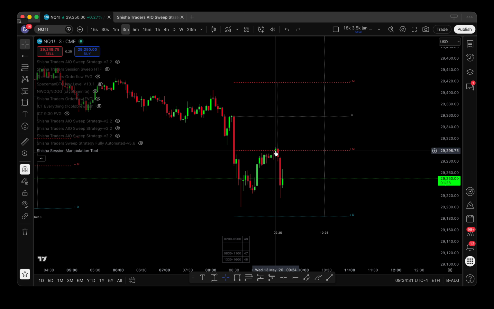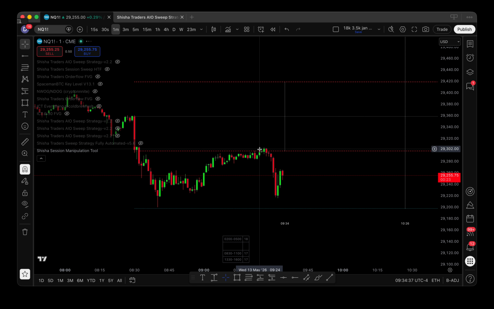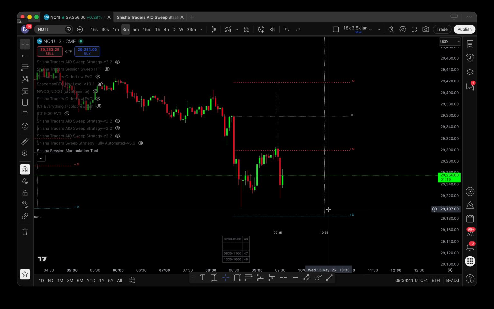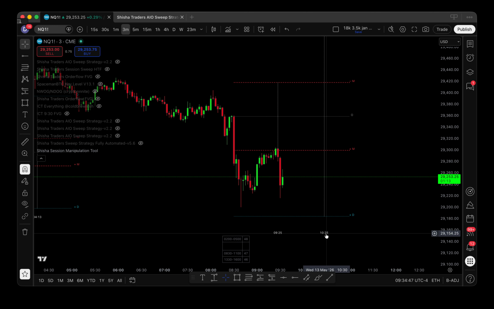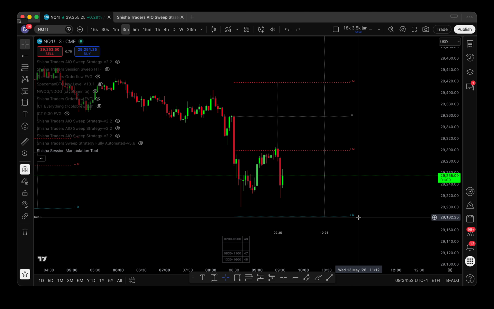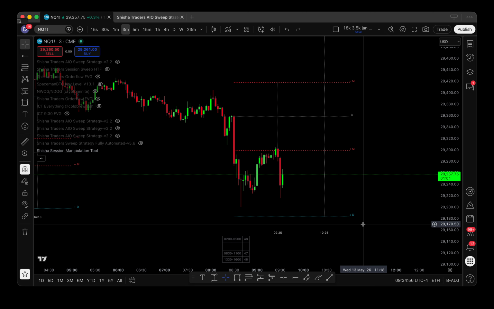What time did we hit that? This was 9:24, but when this candle closed, the next one opened. This is a 3-minute chart, so it actually touched it at 9:25. Now the second number is the time where we expect the distribution level to be hit.